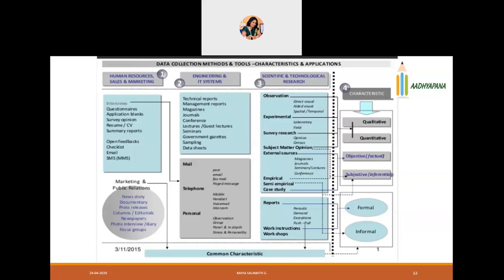Now these are a few of the various data collection methods and tools and their application in various fields. This is one summary which I got from the internet. I thought I'd share this with you.